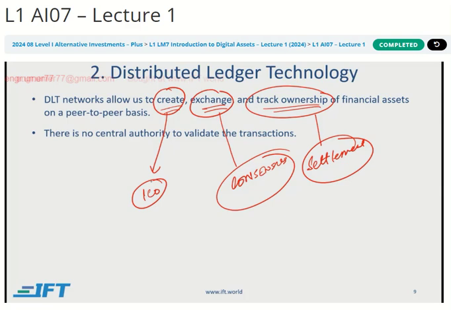And then because of this consensus, you also have this benefit that there is no central authority to validate the transactions. But we have to understand all these things separately, right? You don't have to associate them all with DLT. They are, of course, associated with DLT, but they are modular in nature that you can pick and choose the ones that you like and the ones that you don't like.